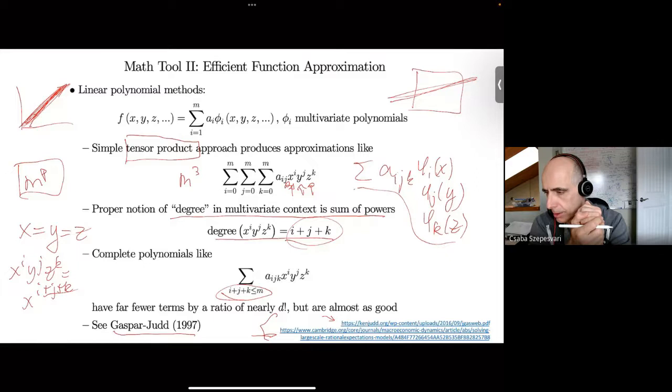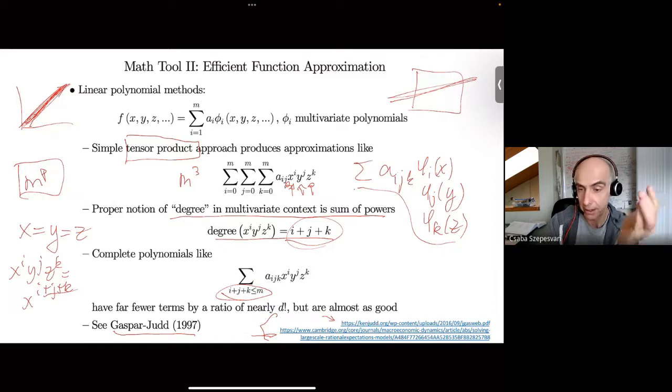So I saw that this is often neglected, overlooked, and yet I think it explains a lot about why we can get away with functional approximation in high dimensional settings with relatively low degree polynomials or relatively few coefficients.